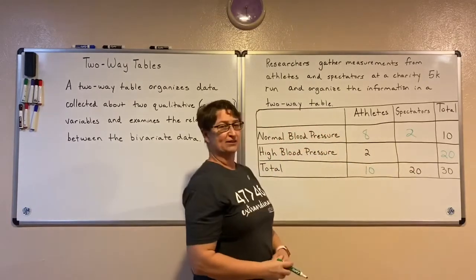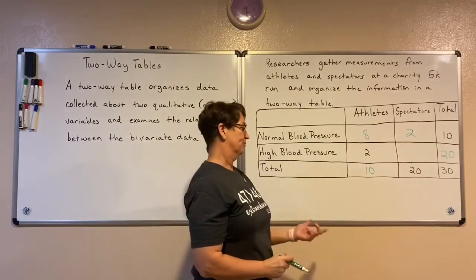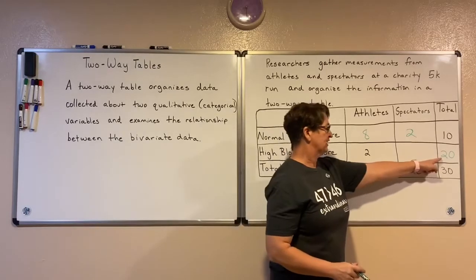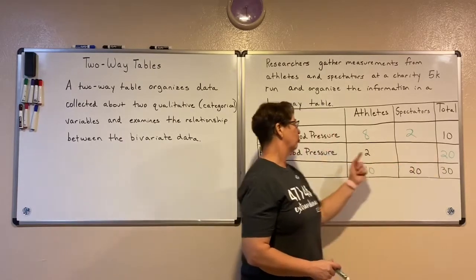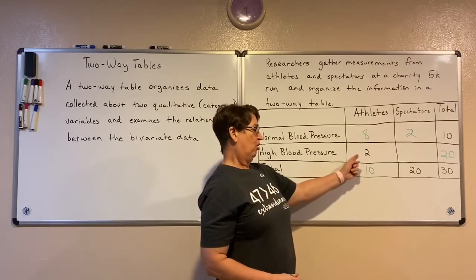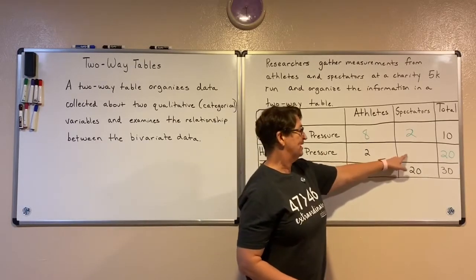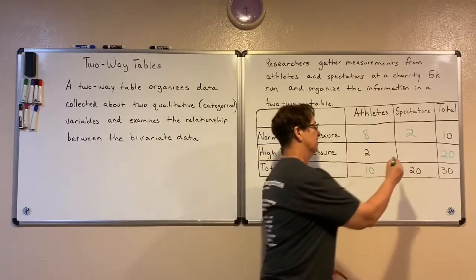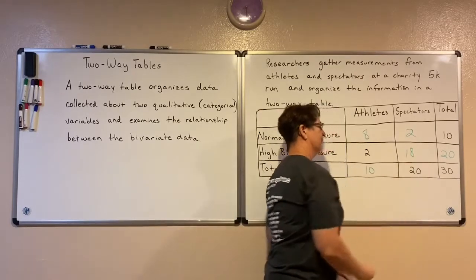So 2 spectators had normal blood pressure. And again, just subtracting, of this 20 total people with high blood pressure, 2 of them were athletes. That means that 18 were spectators.